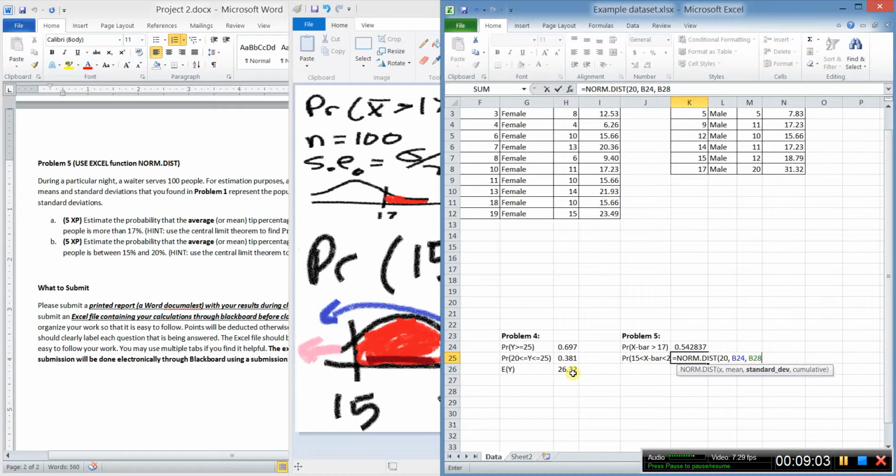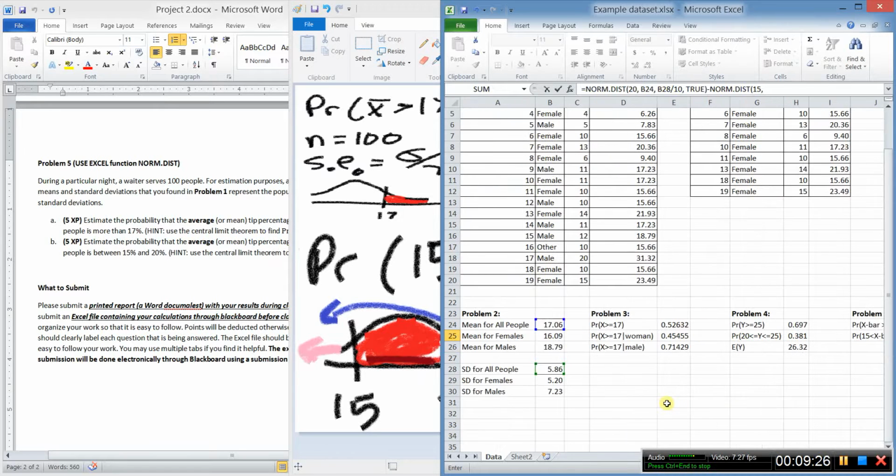And then I'm going to divide that by 10. Remember, because this is trying to find the probability for the mean, not for the data. So square root of n, in this case, is 10. Cumulative is true. Okay, I'm going to subtract off NORM.DIST when it's less than 15.